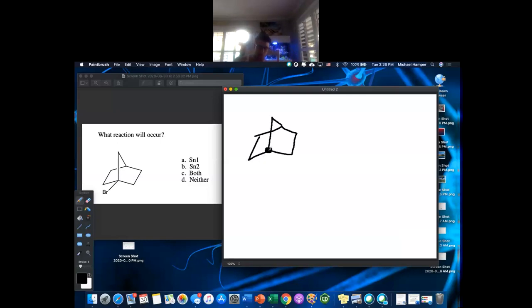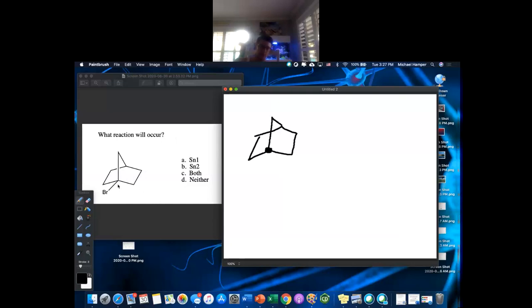It is stuck, it's rigid, it cannot move. And so it's not able to undergo a substitution reaction. So your answer is neither. I've seen this on bonding, but it was an extra credit question. Some people got it wrong, but that's the rationale behind it.